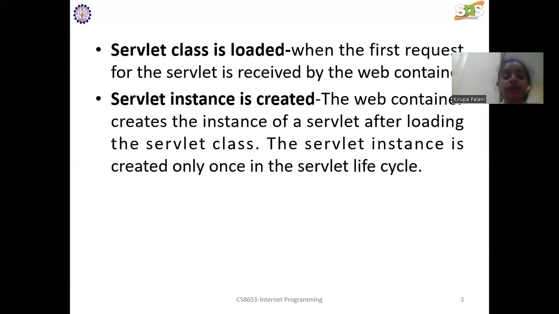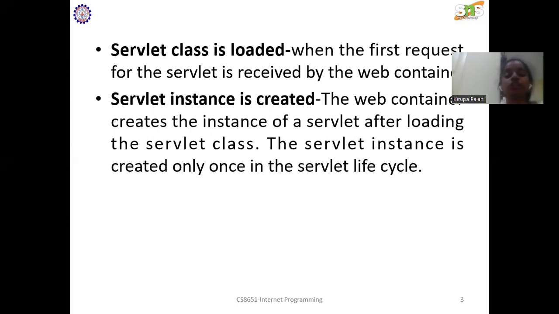So it is created only once. This may delay the loading process until the web container determines whether this particular servlet is needed or not.